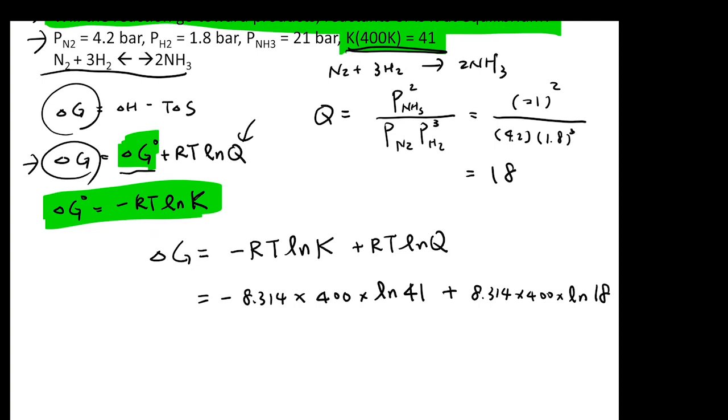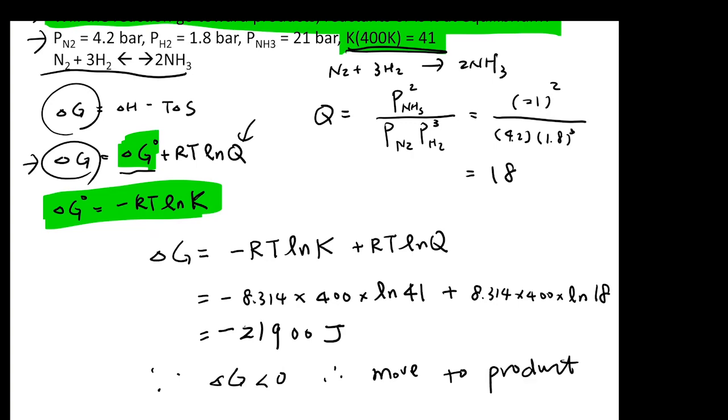Then you just compute all the things. In the end, you're going to get a value of negative 219.00 joule. So now you can see your delta G is a negative value. Therefore, you know the reaction is going to move toward the product side. Because your delta G is negative, therefore it moves to the product.